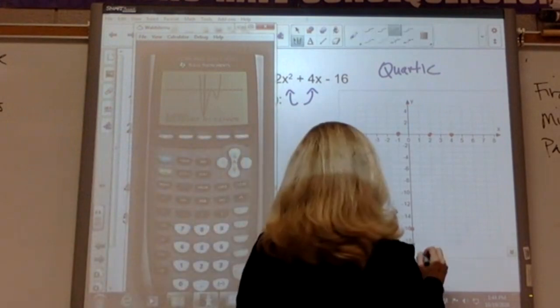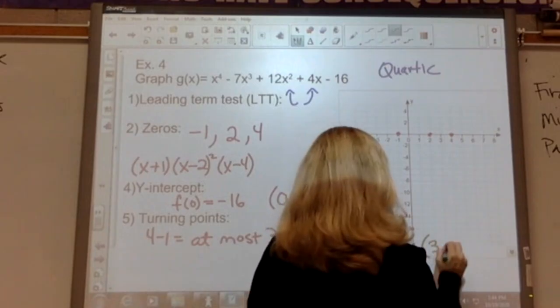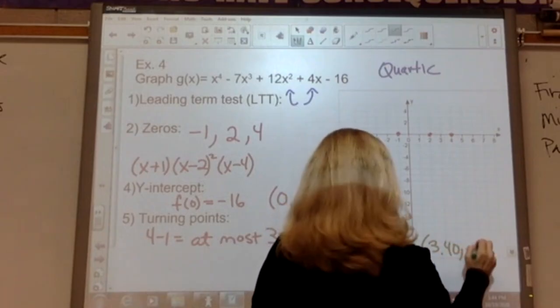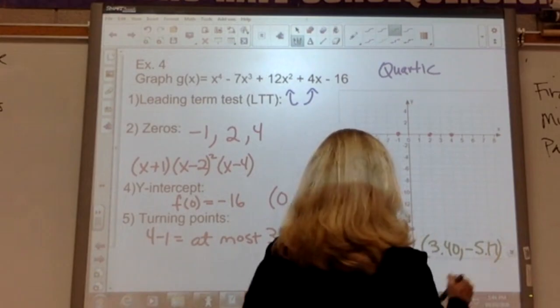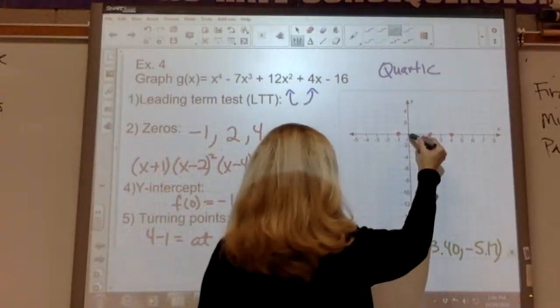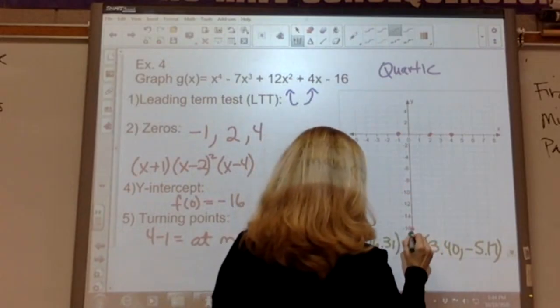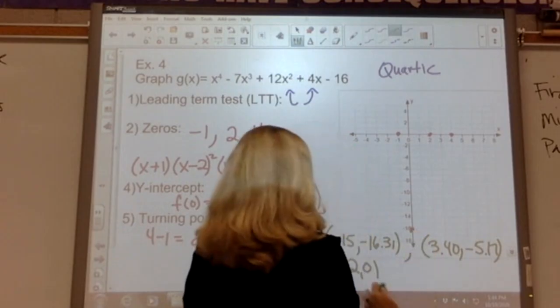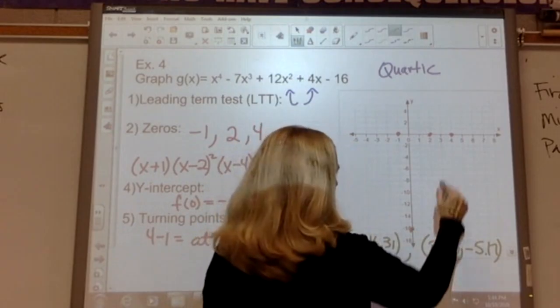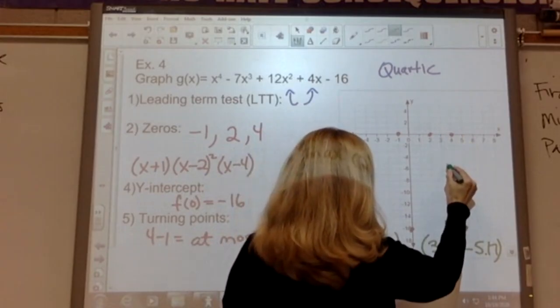So the other minimum is 3.40 and negative 5.17. Now I'm going to graph this. So negative 0.15, negative 16.3, this is about right here. So it's really very close to my y-intercept. And then the other minimum is 3.4, negative 5.17, so it's about right here.